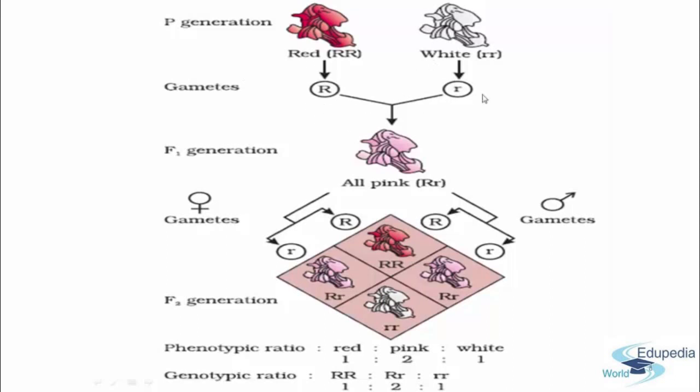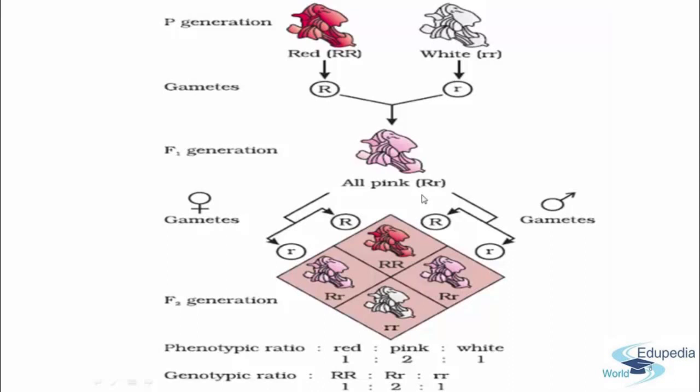These are the gametes, and the F1 generation, according to Mendel, should comprise red flowers which are heterozygous in nature. But here, in case of incomplete dominance, the F1 generation contains pink flowers that are heterozygous in nature. This phenomenon is known as incomplete dominance.